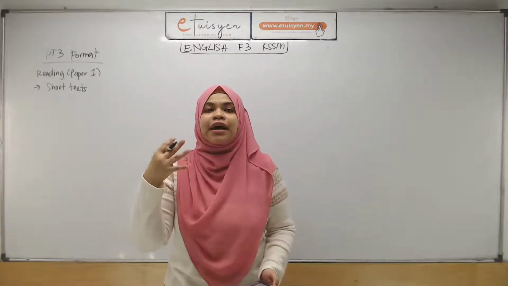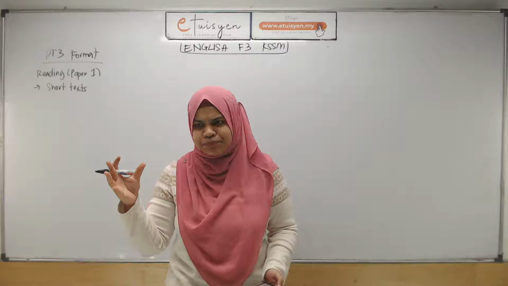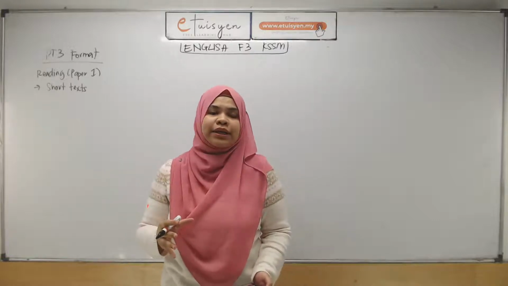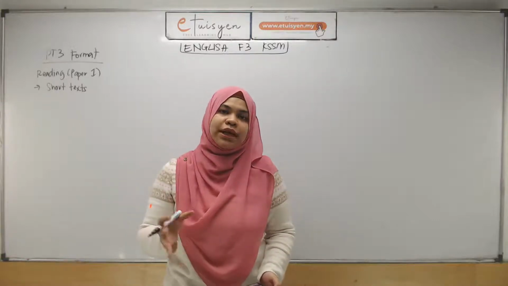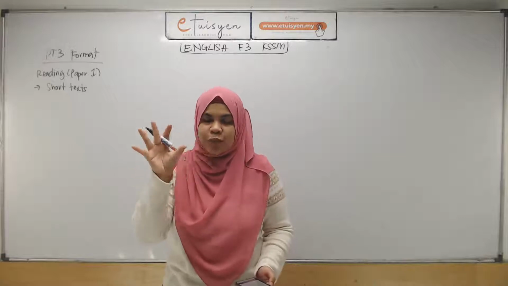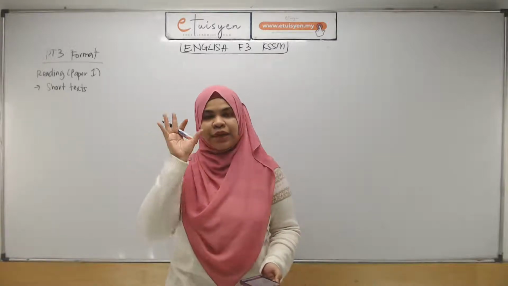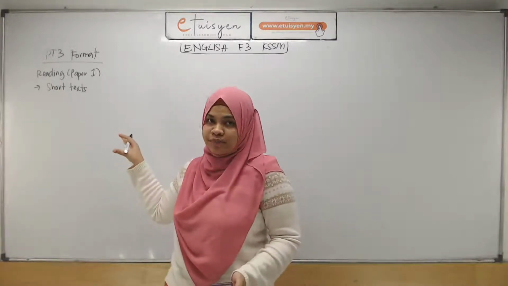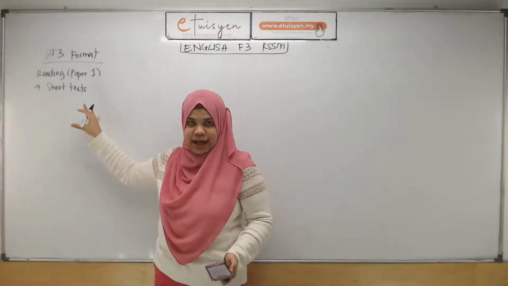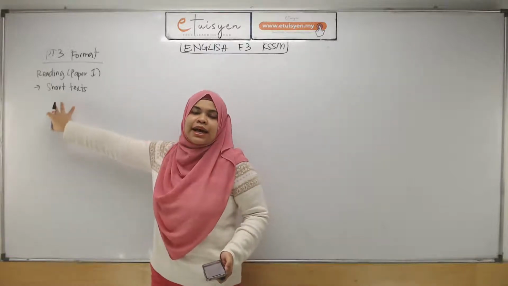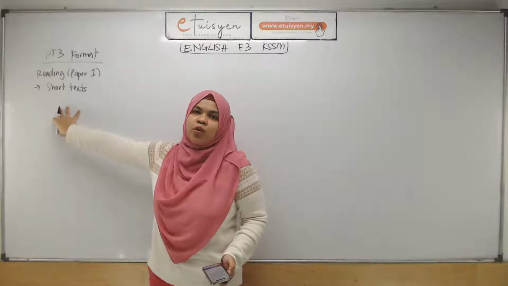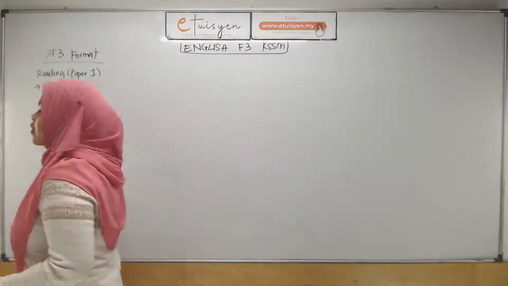Actually even dalam gambar pun ada, so letak gambar or charts. All these short text ataupun information punya sources, they will be placed in your section A ataupun the first section ni, and then they will ask you multiple choice question. Yang ni ada 8 soalan.